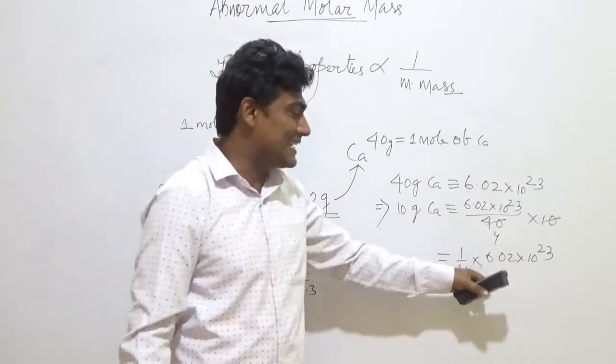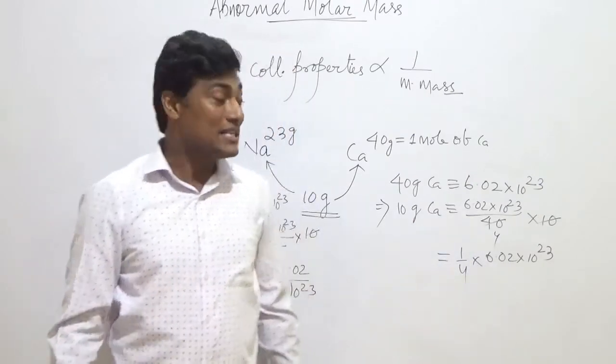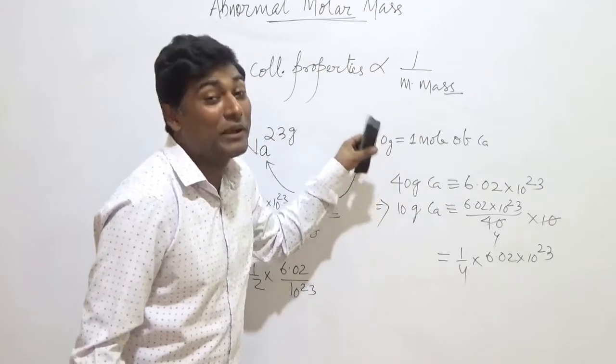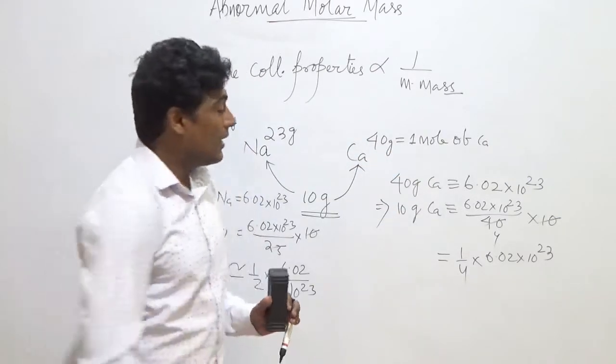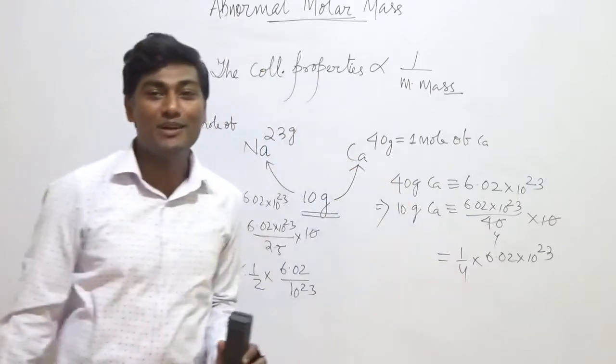So this is a small number, so its atomic mass is higher. Greater is the atomic mass, smaller will be the number of particles.